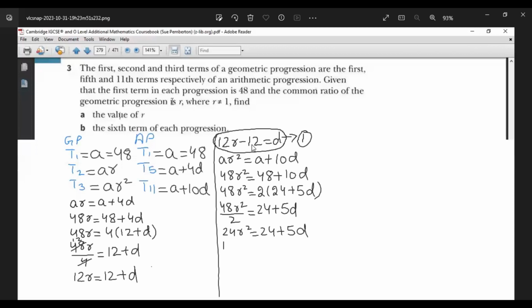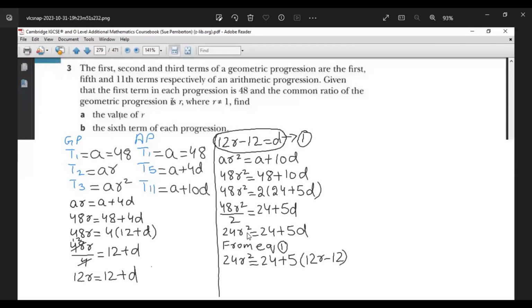So from equation number 1, now what was in equation number 1? D was 12R minus 12. So I'm going to put it over here. Okay. So 24 R square equals 24 plus 5, and in place of D we are going to put the value, that is 12R minus 12.